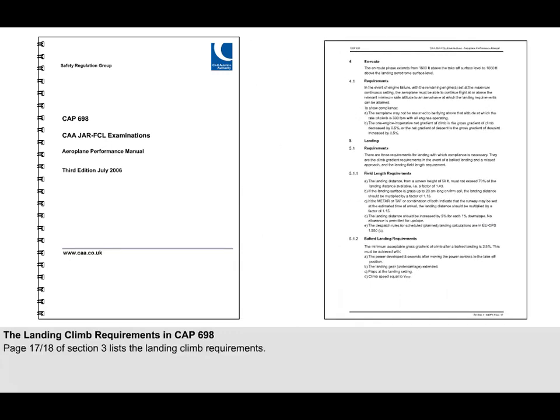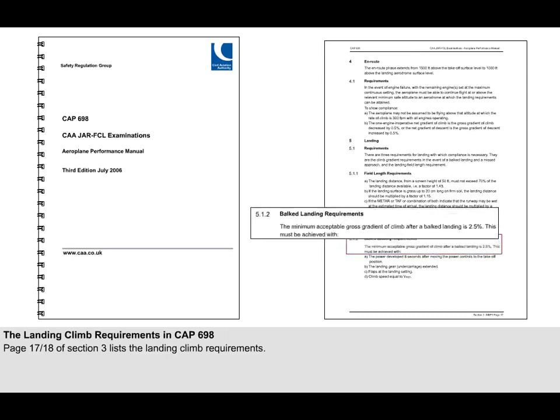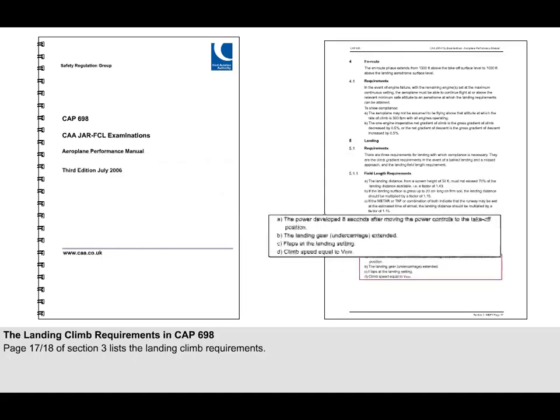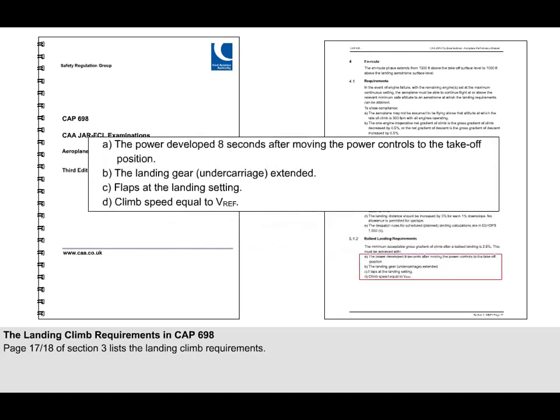On page 17 of section 3 is the all-engine climb requirement, which in CAP 698 is called the balked landing requirement. This repeats that the gradient of climb must be at least 2.5%, and that this gradient must be achieved with these conditions.